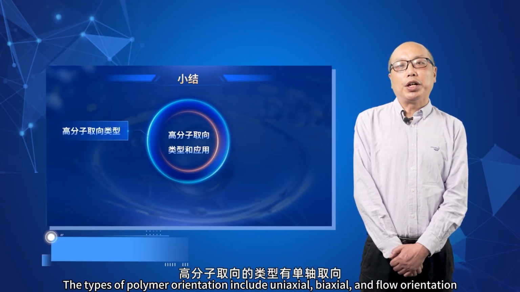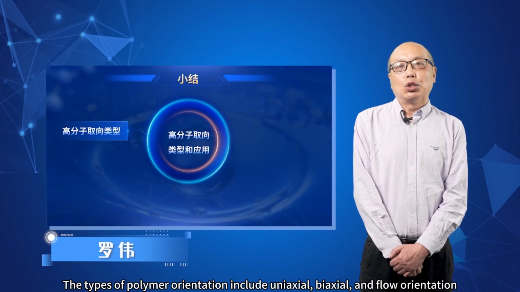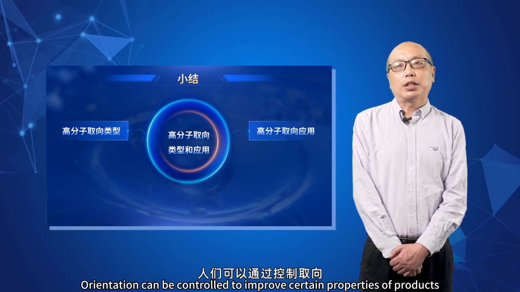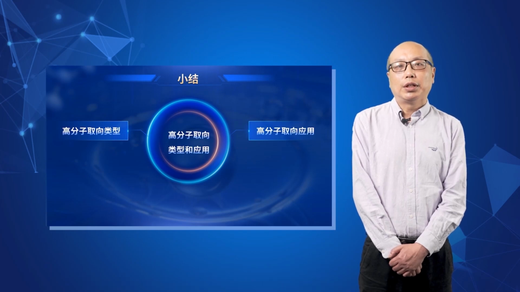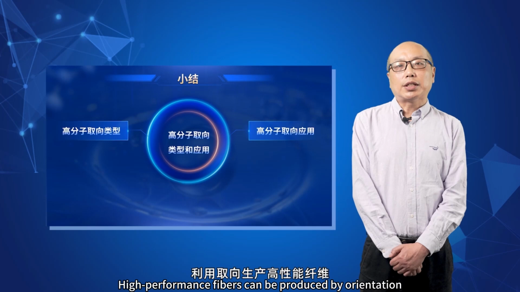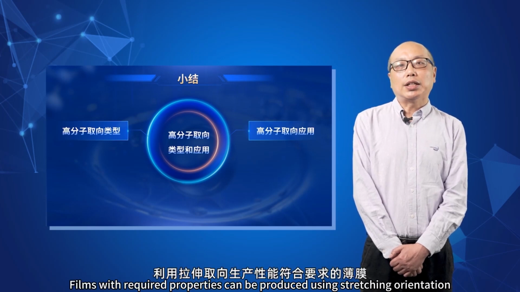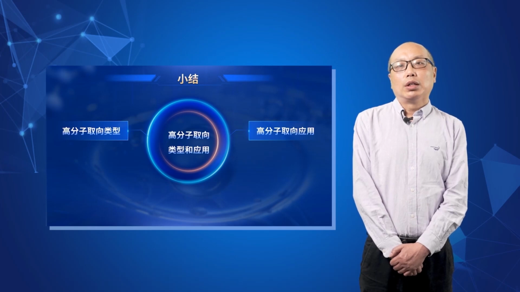In summary, the types of polymer orientation include uniaxial, biaxial, and flow orientation. Orientation can be controlled to improve certain properties of products. High-performance fibers can be produced by orientation. Films with required properties can be produced using stretching orientation.